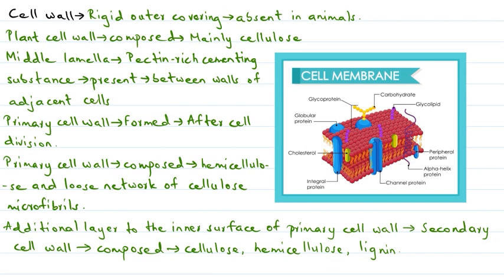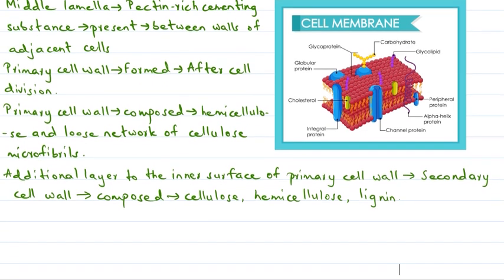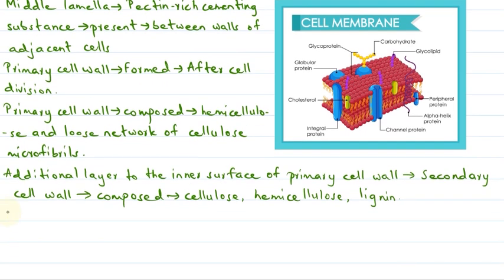In many plant cells there are several minute or narrow pores present. These pores are known as pits, and through these pores fine strands of cytoplasm known as plasmodesmata can pass. Plasmodesmata are the cytoplasmic bridges.